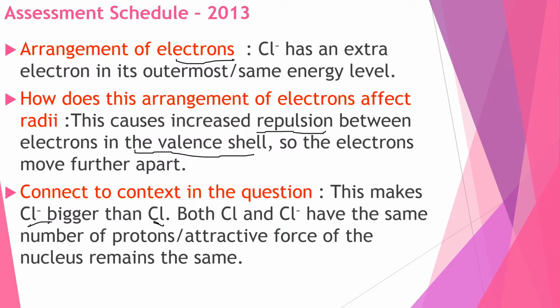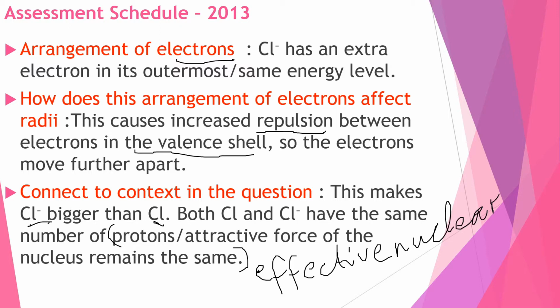They have the same number of protons, or you can say effective nuclear charge, just like we read in the notes. Nuclear charge is the same. Okay, so the repulsion is the reason that the negative ion has a larger radius than the atom. Okay, so I've tried to keep the same three titles and always end by connecting to the question.